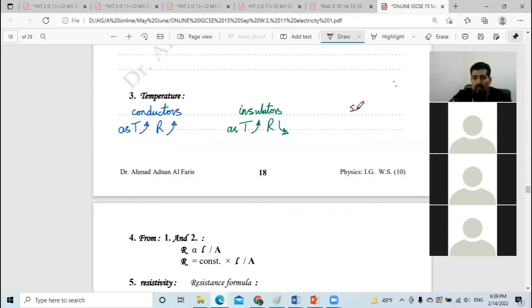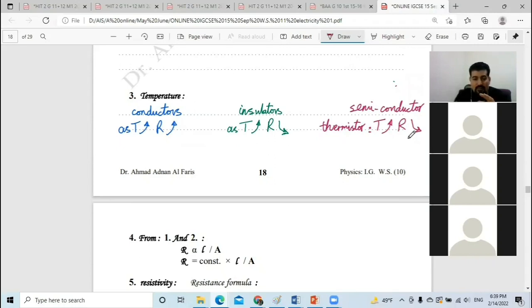Number three, for semiconductors, and we are going to talk about one type of semiconductor which we mentioned before, which is the thermistor. As the temperature increases, the resistance also decreases, so it becomes a good conductor and allows current to pass through it, the thermistor.